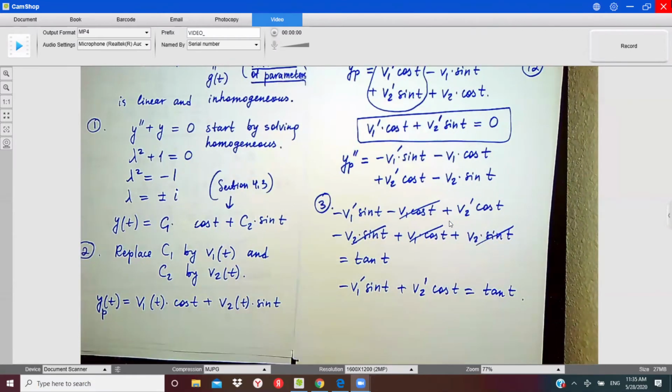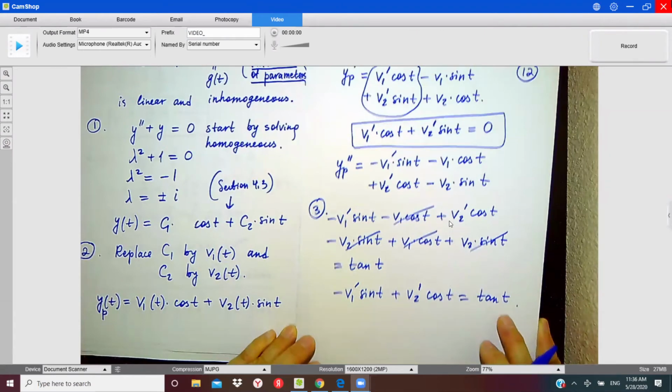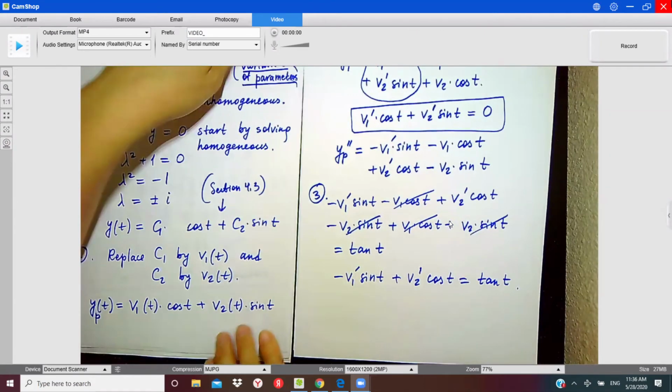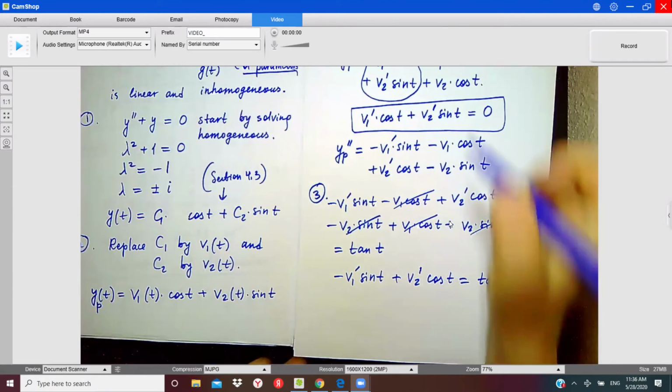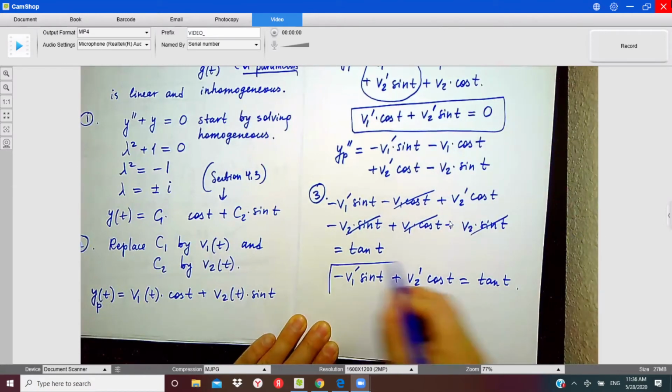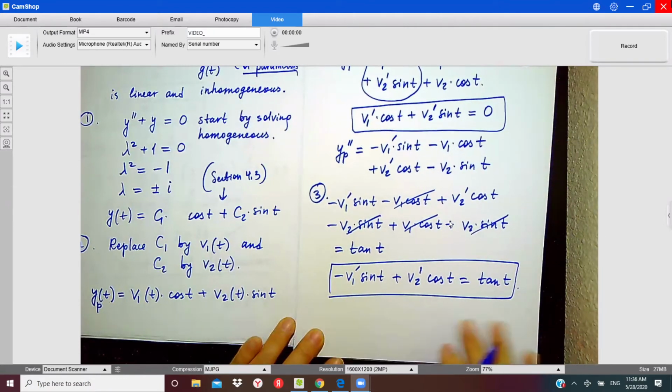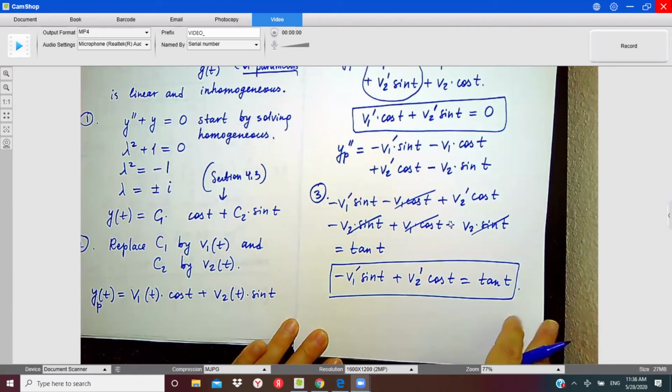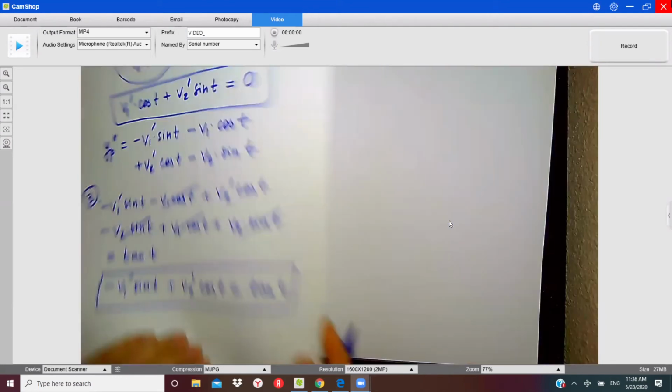So on your index card, you will need to put a couple of equations for this method. The first equation will come from here, and the second will come from here. So let me write that down on number 13.